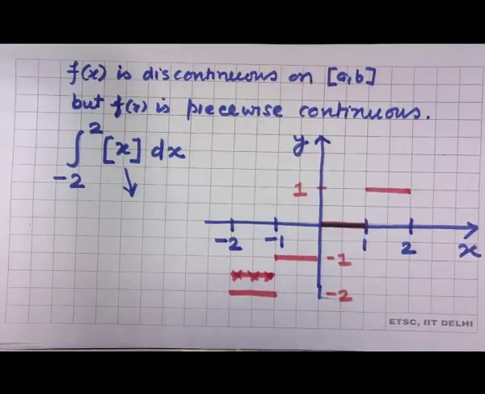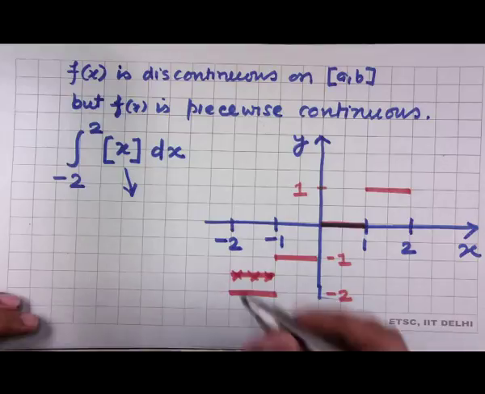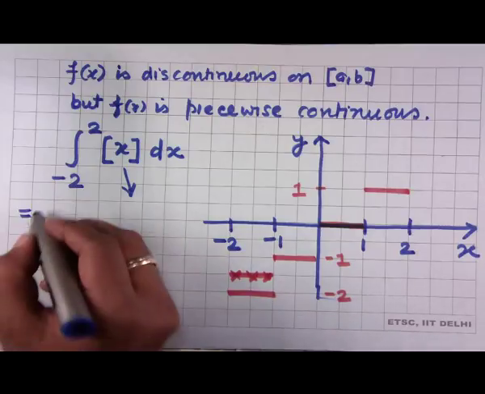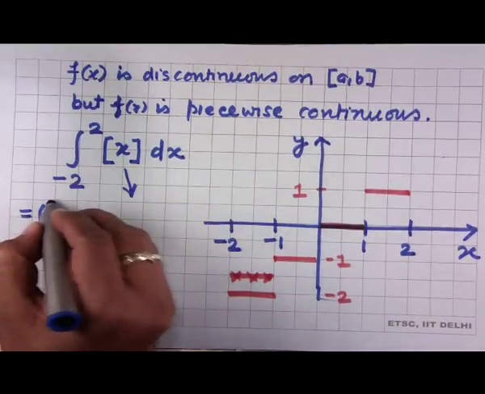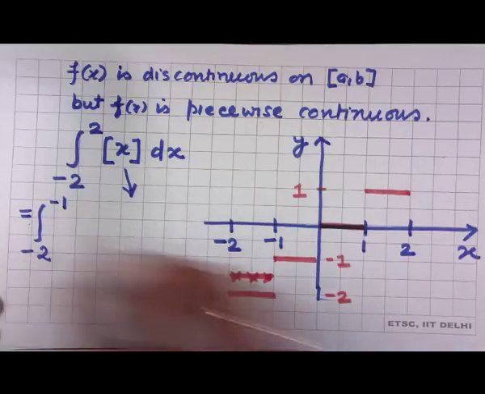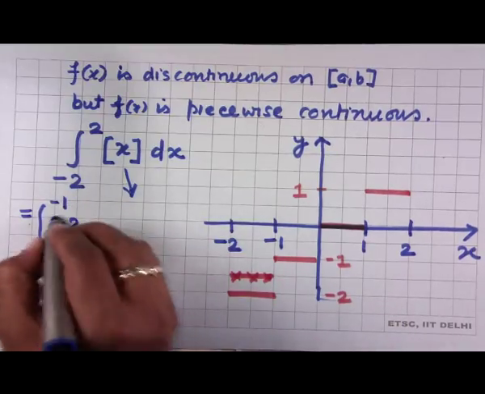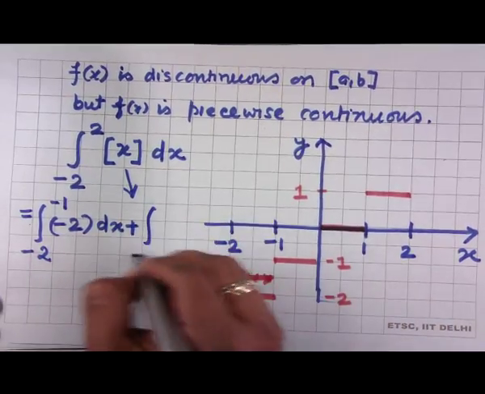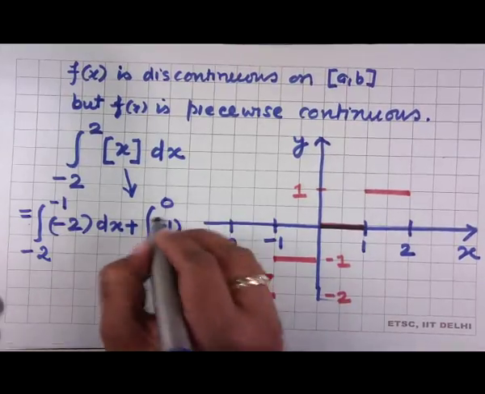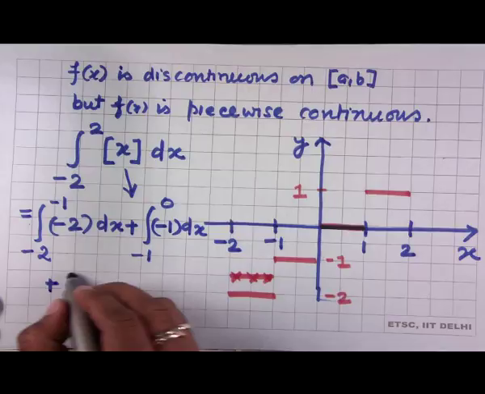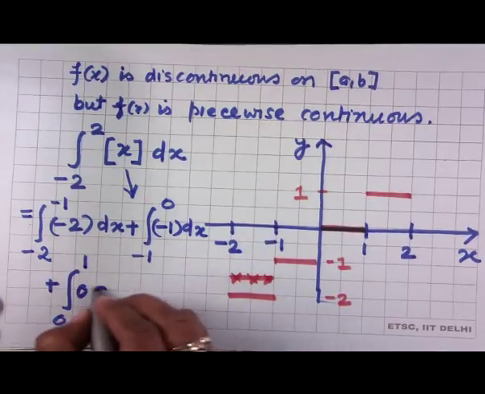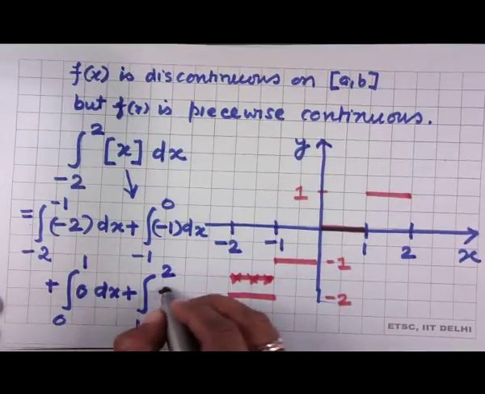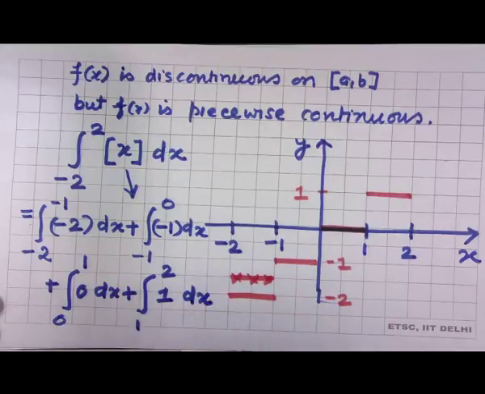So if you want to integrate this in this interval, you can write this integral as equal to the integral from minus 2 to minus 1 where the function value is minus 2, plus from minus 1 to 0 function value is minus 1, plus 0 to 1 function value is 0, plus 1 to 2 function value is 1, dx.